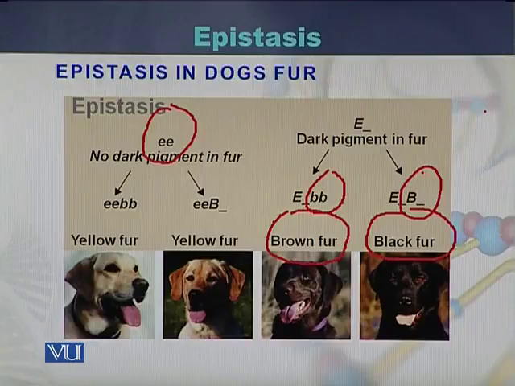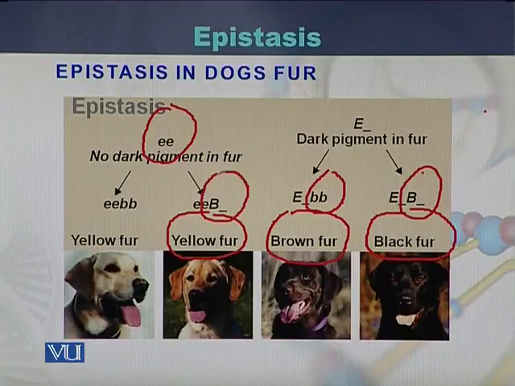On the other hand, there is another gene. If that gene is in homozygous condition, the fur of the dogs will be yellow, whether the first gene is in the dominant or the recessive form.